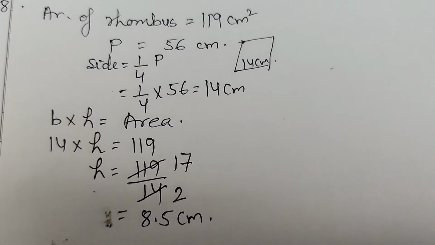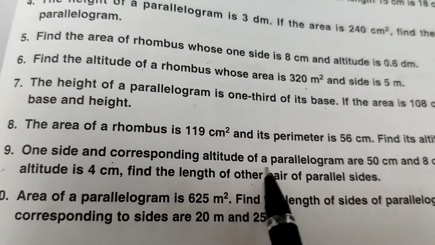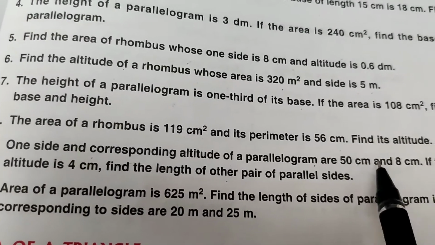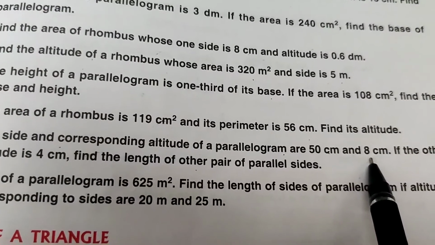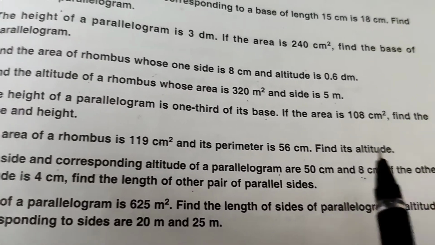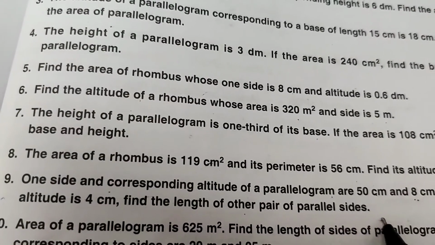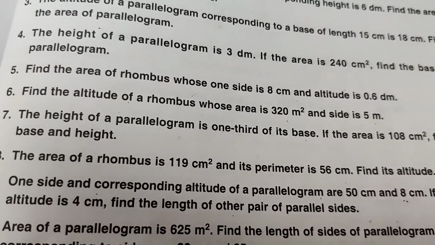Now question number 9. One side and the corresponding altitude of a parallelogram are 50 centimeter and 8 centimeter. Side 50 and altitude 8. If the other altitude is 4, find the length of the other pair of parallel side. This is a parallelogram.